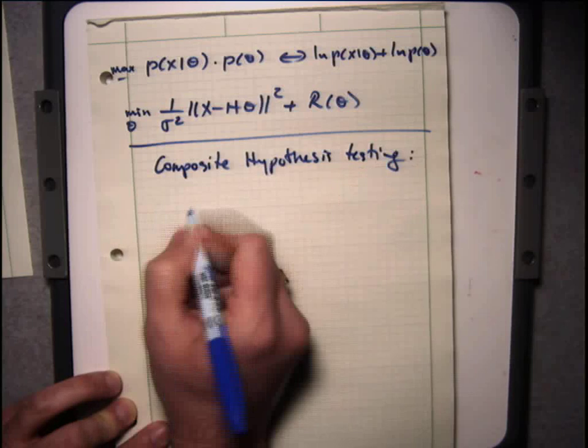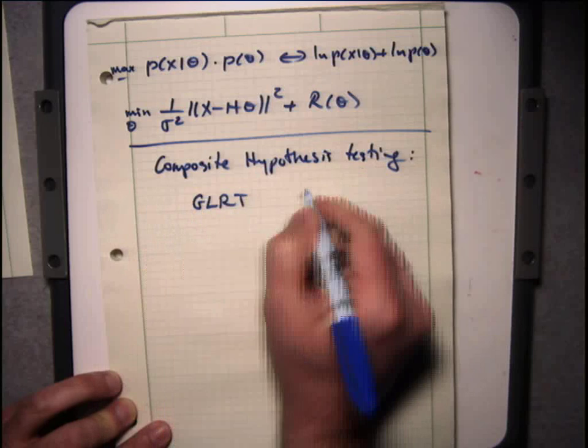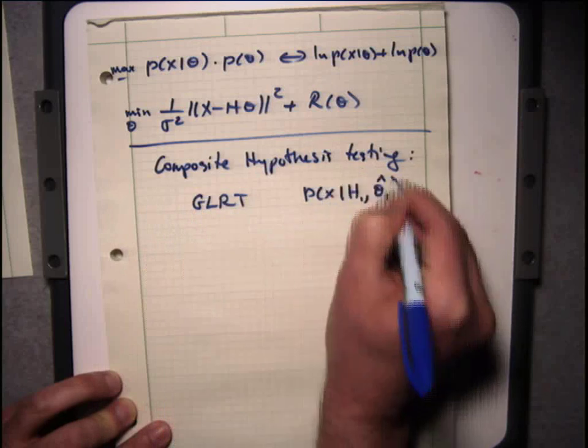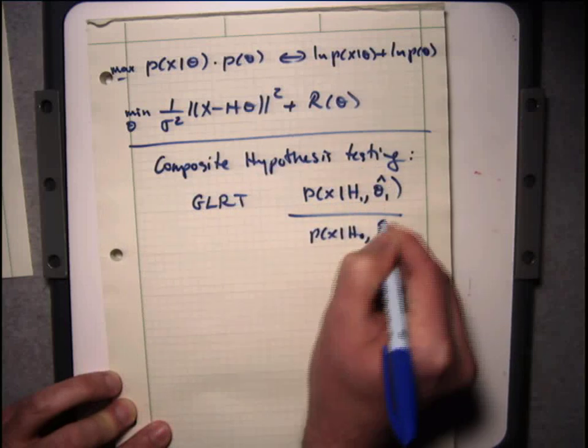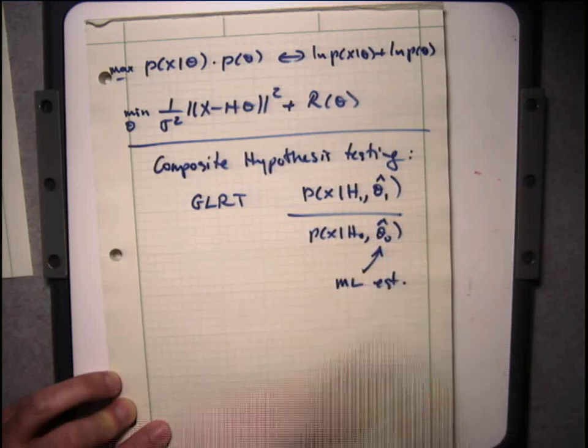And this is, you write the generalized likelihood ratio test, PDF of x given H1 and theta 1 hat, over PDF of x given H0, theta 0 hat, where these are the maximum likelihood estimates.